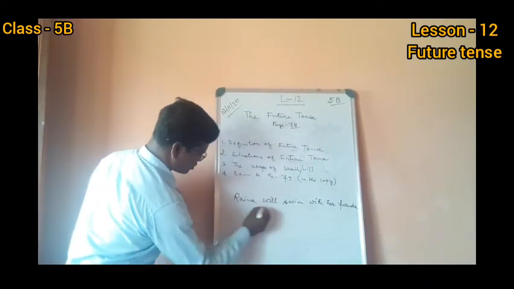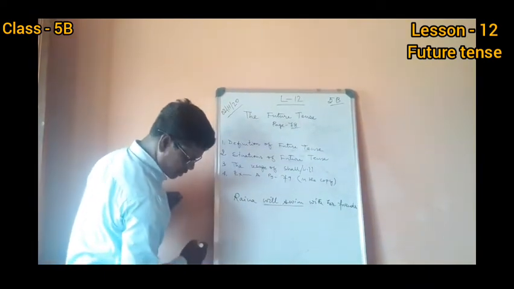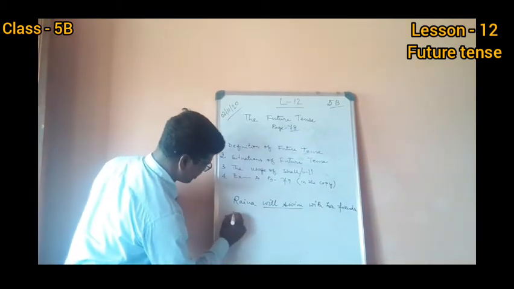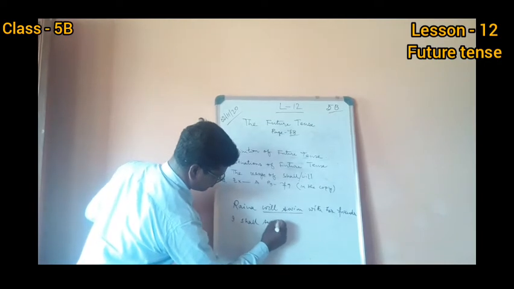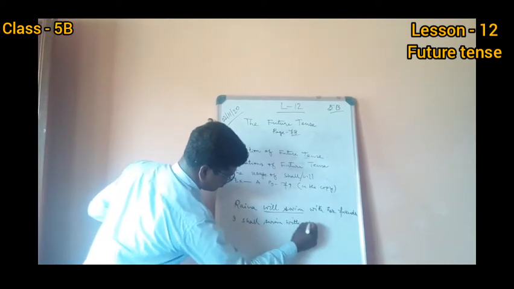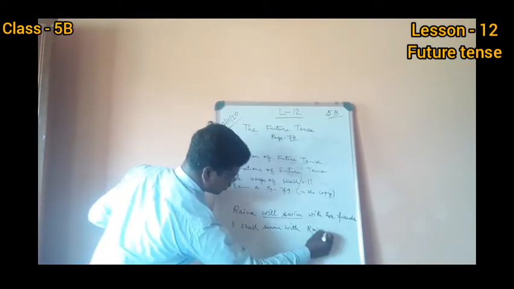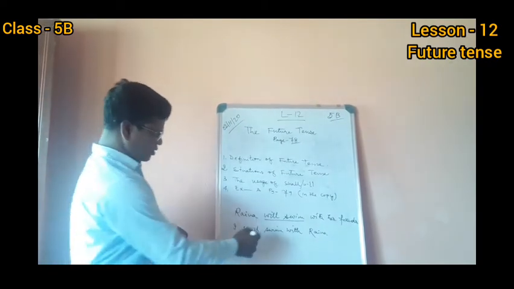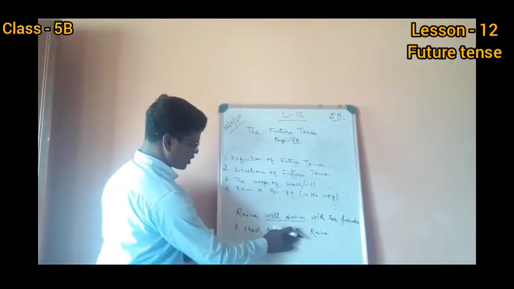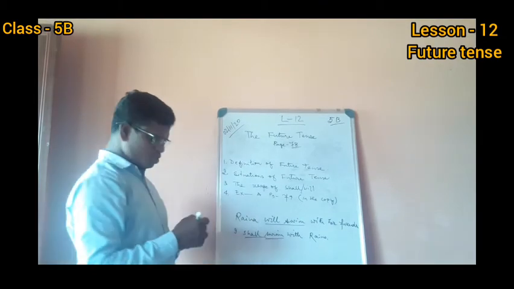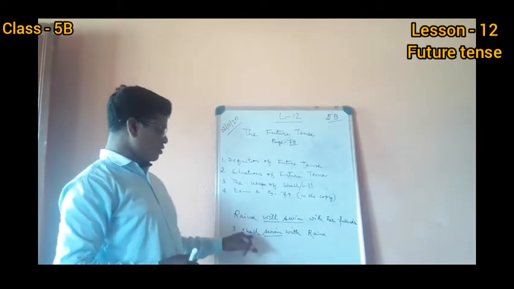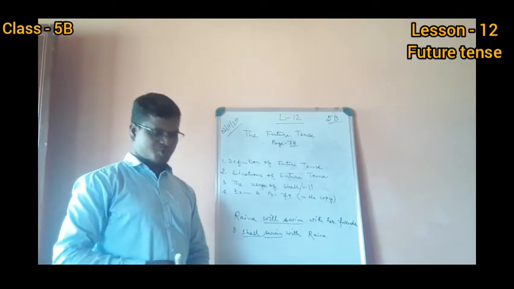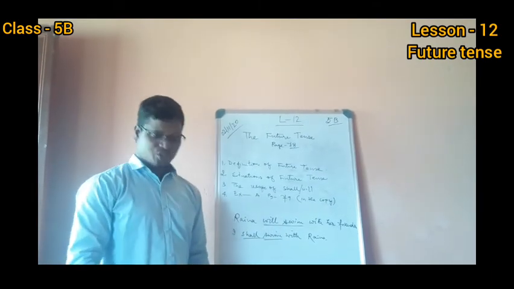Another sentence, one more is there: I shall swim with Raina. So these are the two sentences where we see the future tense being used. Raina will swim, and I shall swim. So these are the two examples of future tense.